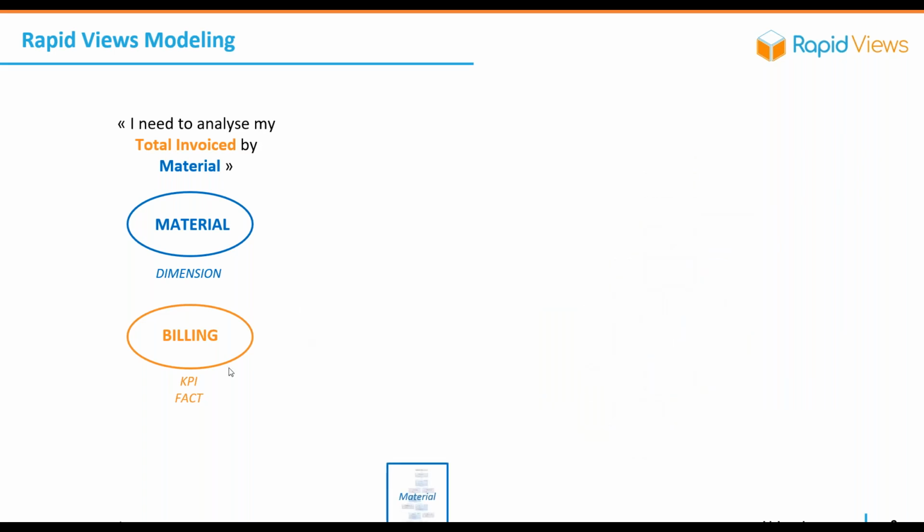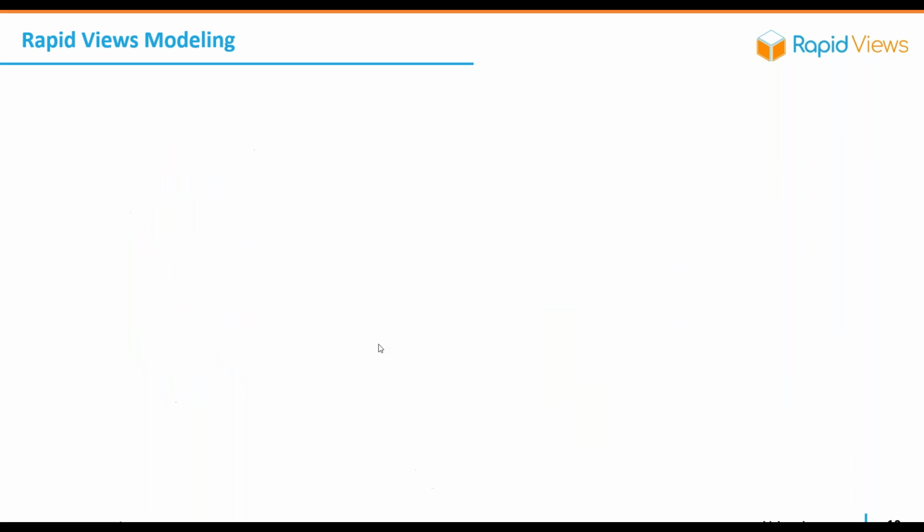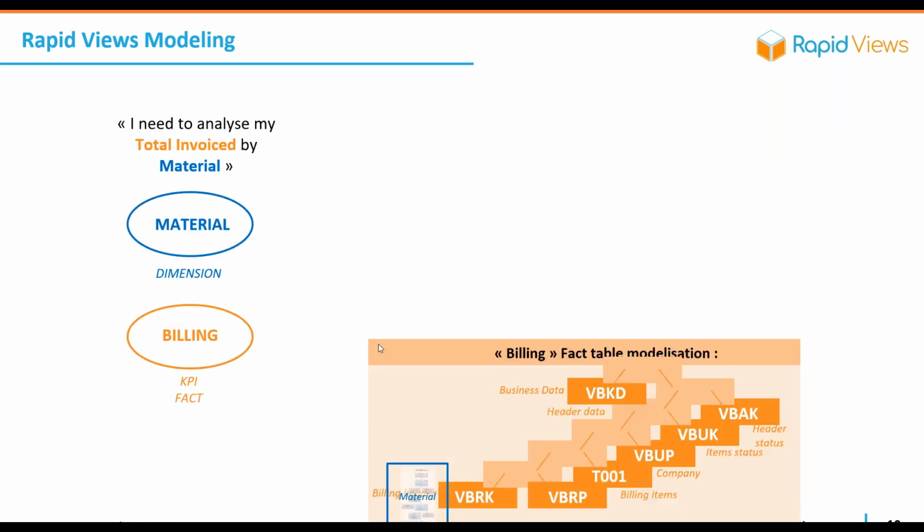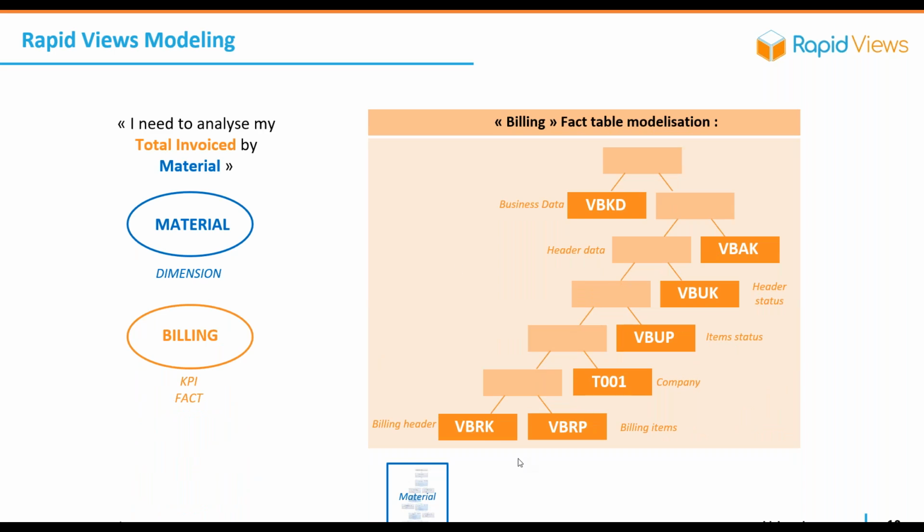Then we did the same for billing, the fact table. To bring back all the information about billing, you need to bring back the VBRK table and do the join with the VBRP table and so on, because everything is split between different tables.